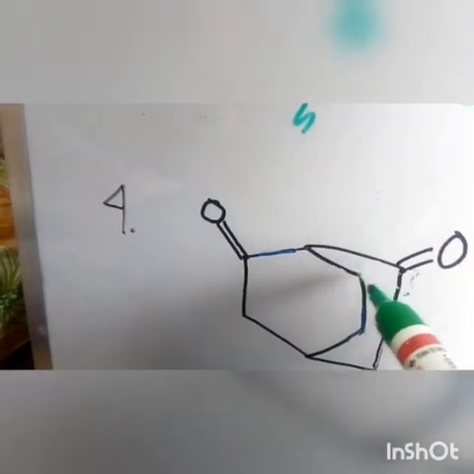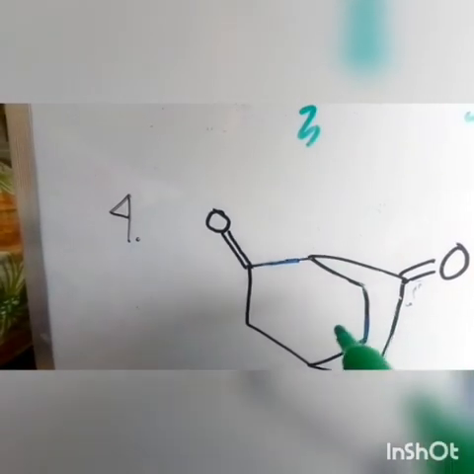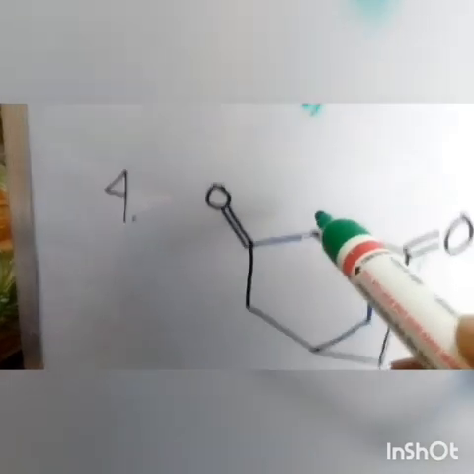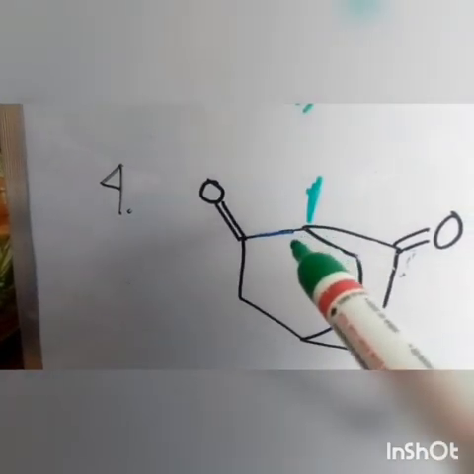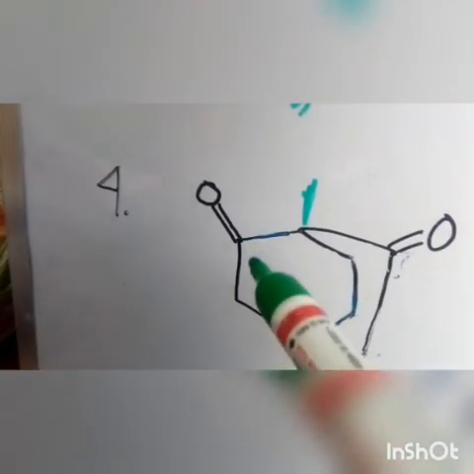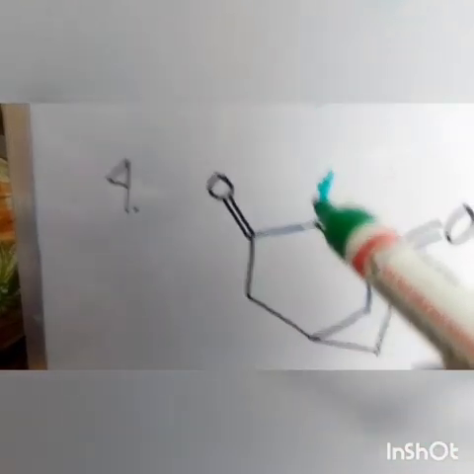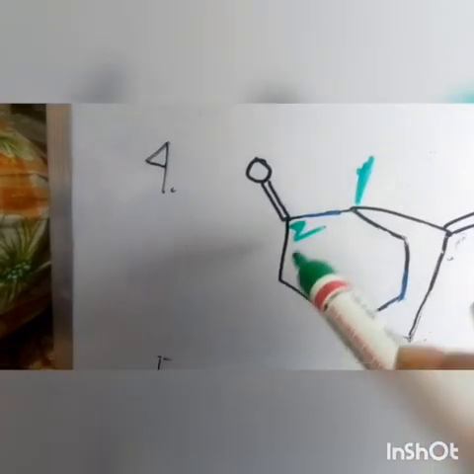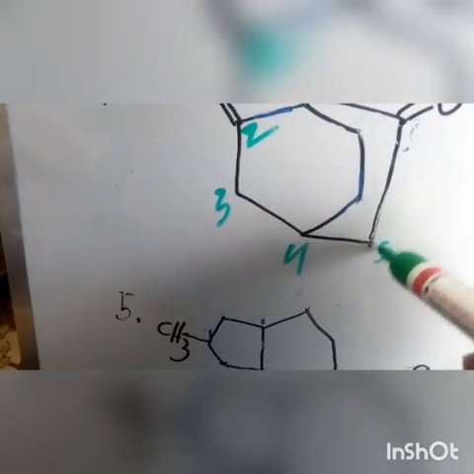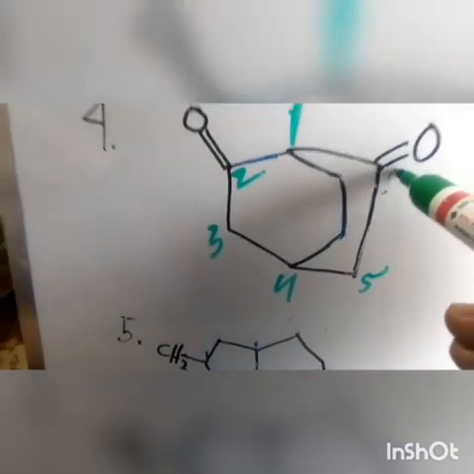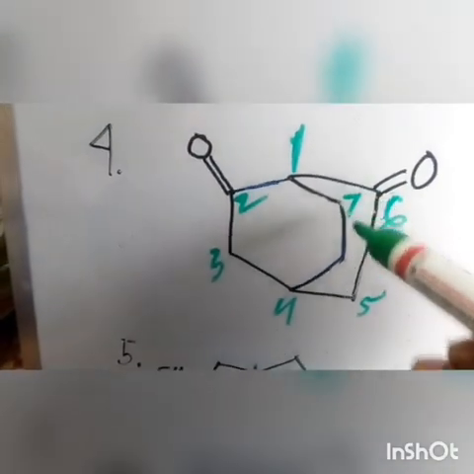And this is another bicyclo compound, 2 rings fused through a bridge, and this is a bridgehead. So the numbering should be 1, 2, 3, 4, 5, 6, 7, 8.